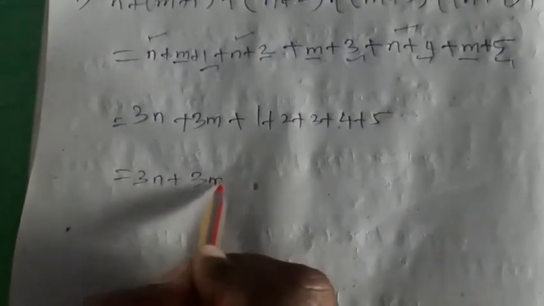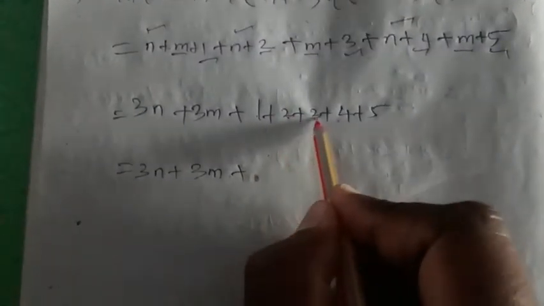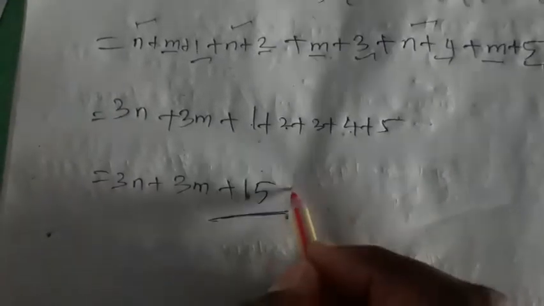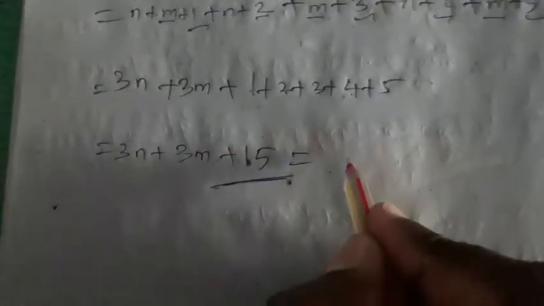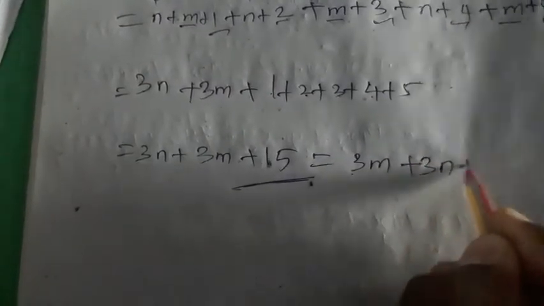Then 3n plus 3m. Adding: 1 plus 2 is 3, 3 plus 3 is 6, 6 plus 4 is 10, 10 plus 5 is 15. So this is the required solution. Arranging a little, 3m plus 3n plus 15. This is the required solution. Hence, answer over.